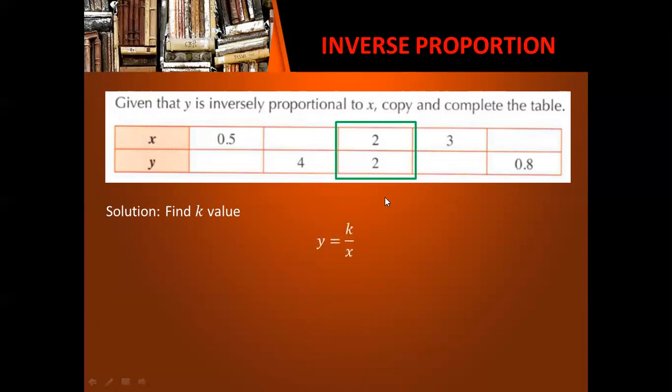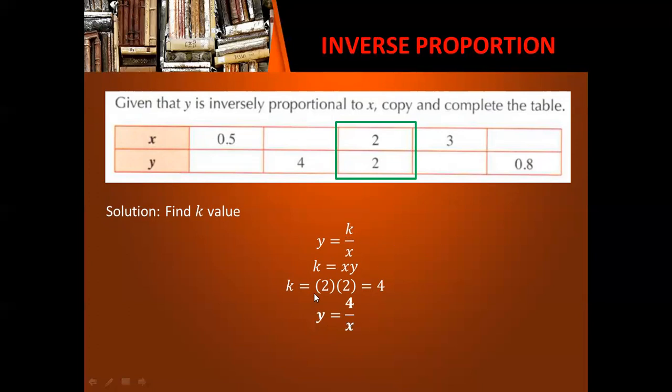We start with the general equation, y is equal to k over x, and then isolate k. Solving for k, we now have k is equal to 2 times 2, and that's equal to 4. Substituting 4 for k in the general equation, we now have y is equal to 4 over x.